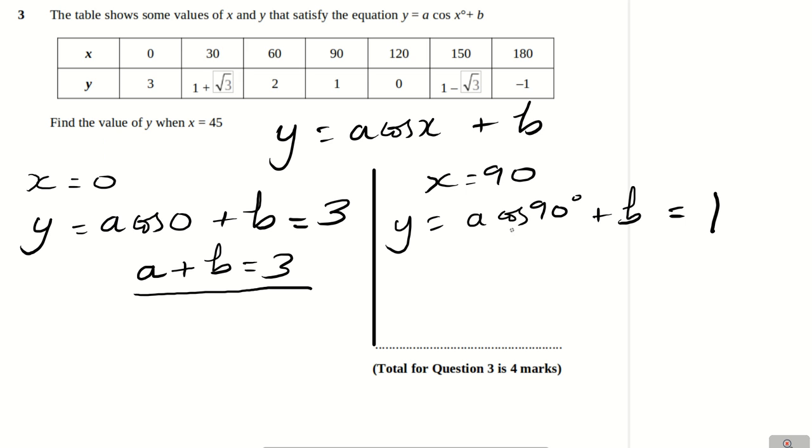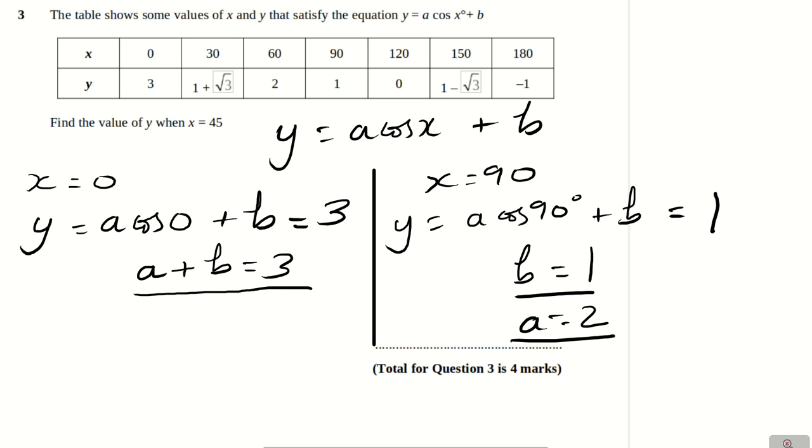Now the cos of 90 is actually 0. So what that tells us is that b must equal 1. And if b equals 1, we know that a must equal 2. Okay, because cos of 90 is 0.